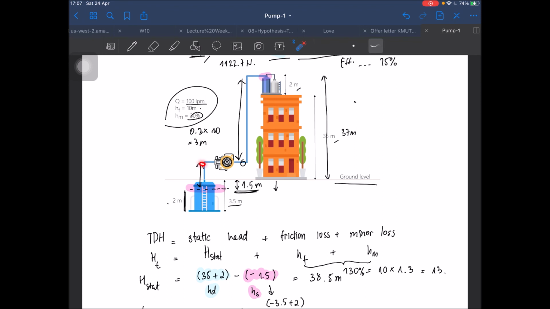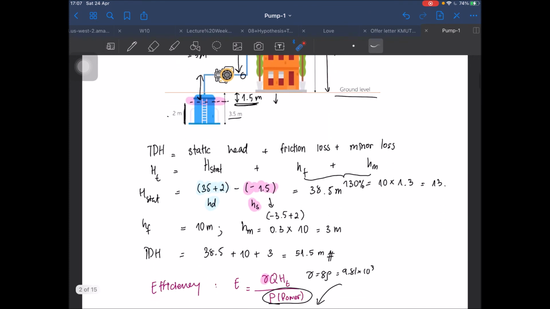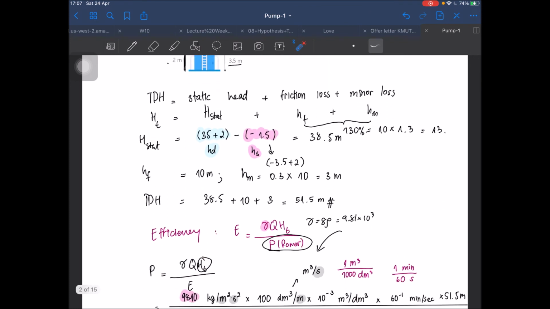It is actually supposed to be compared to this one. If not compared to this one, this 35 would be around here, but it is made easier. Nonetheless, it's still 38.5.